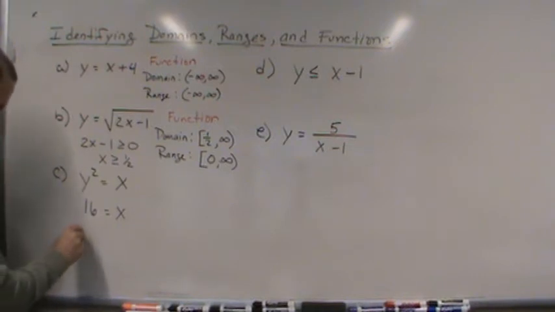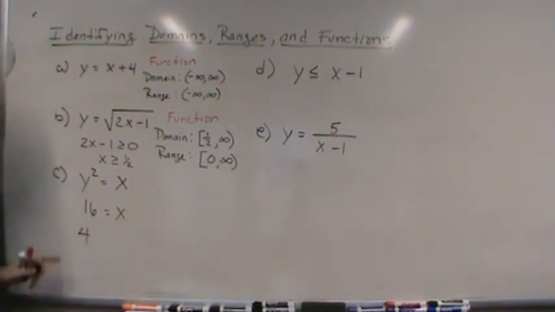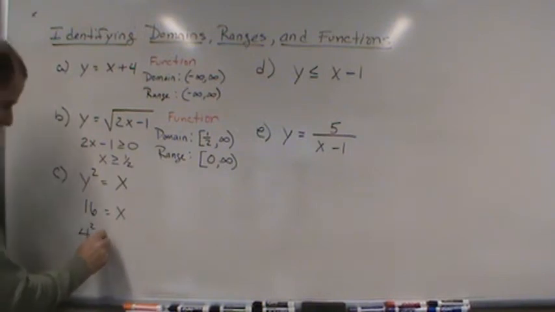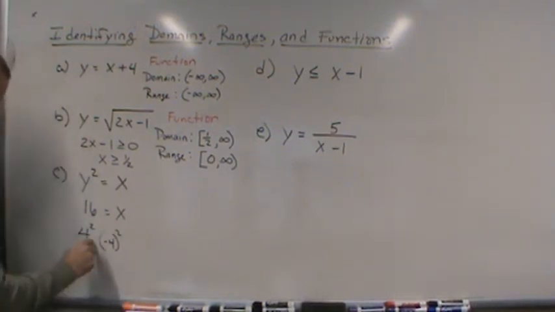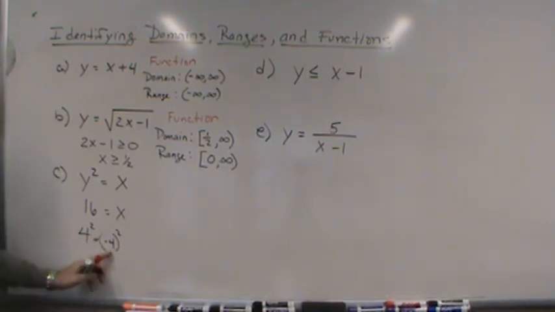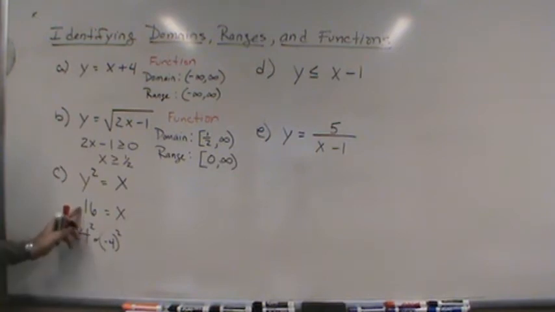Well, 4. 4 squared equals 16. But there's also another value that will also give me 16. That will be -4 squared. So 4 or -4, if I square it, will give me 16.